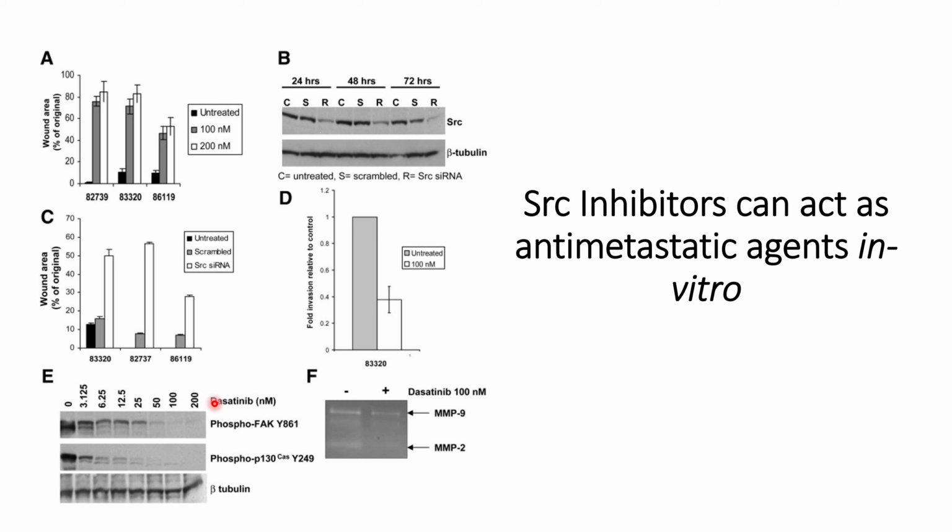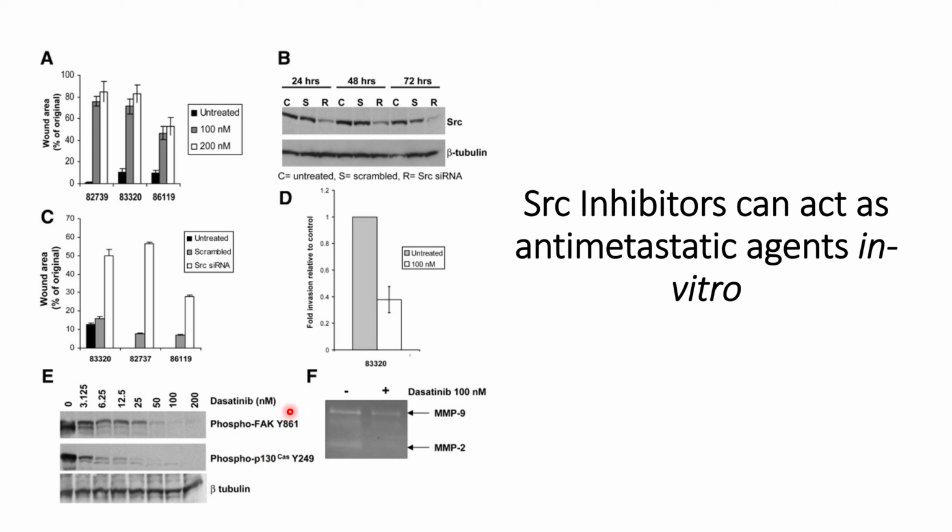They can see that the activation of FAK and p130 also goes down with dose-dependent increase in dasatinib, which can be seen in the Western blot for both the activated pathways, that is FAK phosphorylation and p130 phosphorylation.